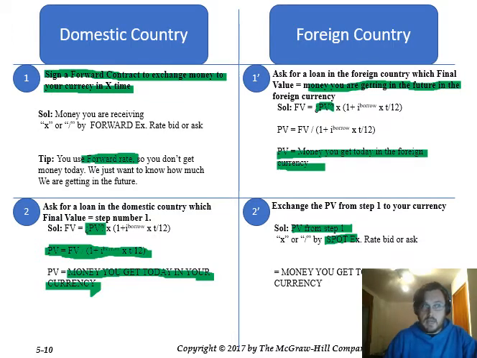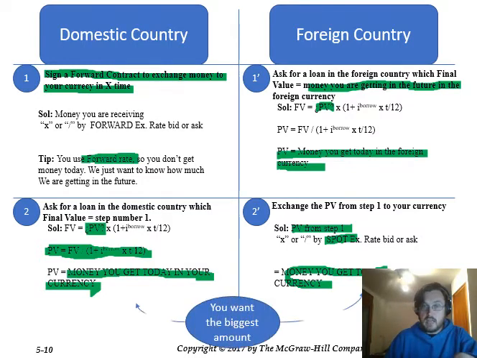It's the present value, so we use the spot rate. It is today that we are changing that money. Once you do that, you get the money that you can get today in your currency. Finally, we need to decide which one we want. We want the one that is bigger. We want the biggest amount.